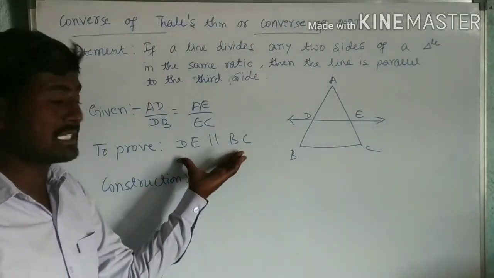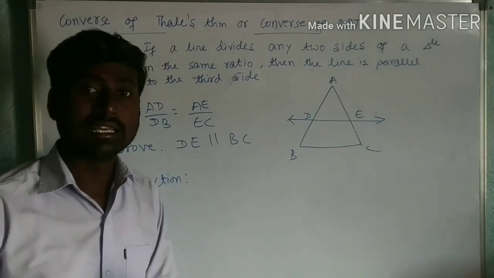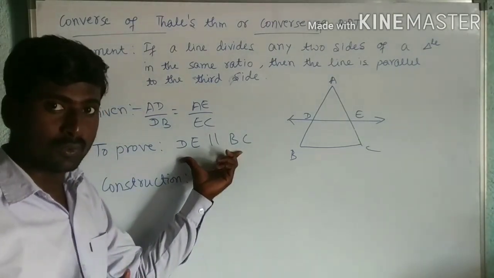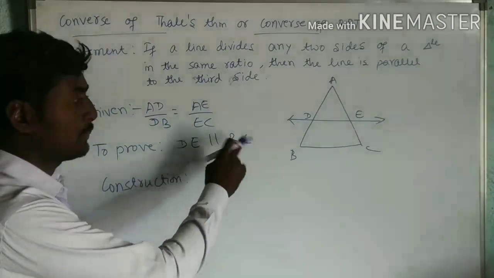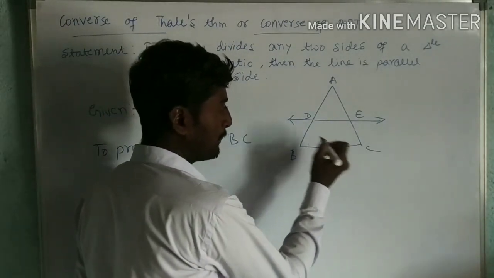To prove this, I have to go by the contradiction method, meaning we move in the negative direction. What we are going to prove, I should take as not. It means DE is not parallel to BC.